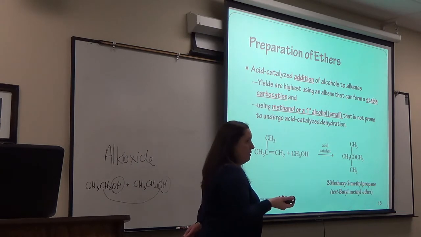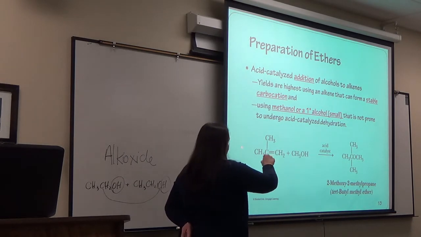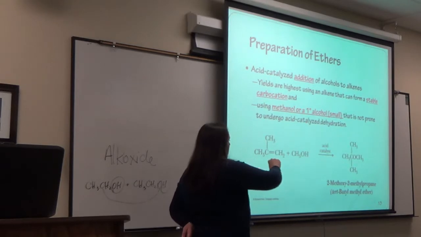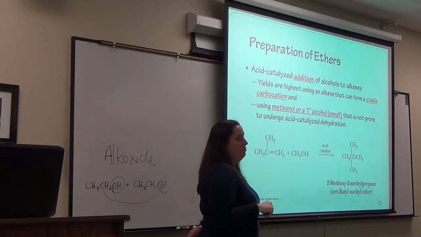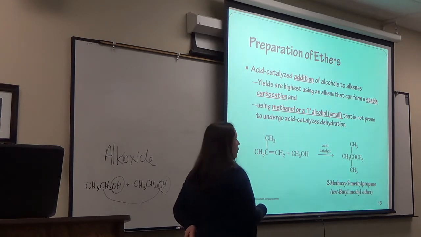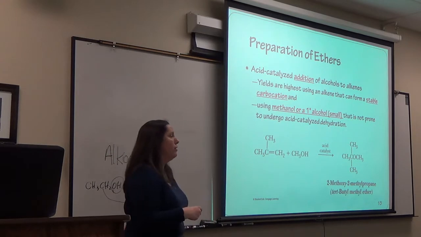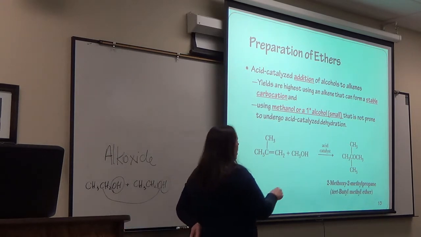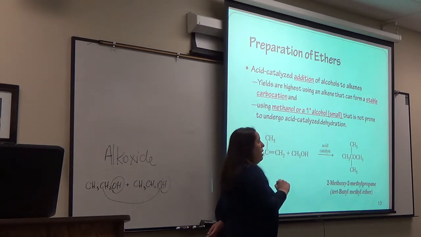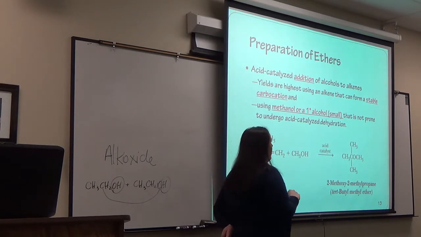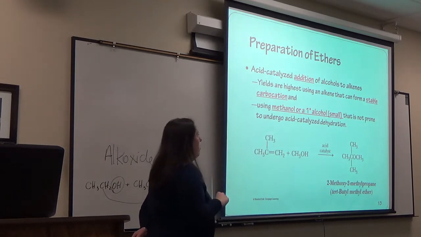Does that make sense? The carbocation, which is going to come from your alkene, has to be stable. So tertiary; secondary will work, but it will not work for primary and methyl. Now the combination is then with a small alcohol, a methyl or a primary alcohol. So methanol or a small alcohol.